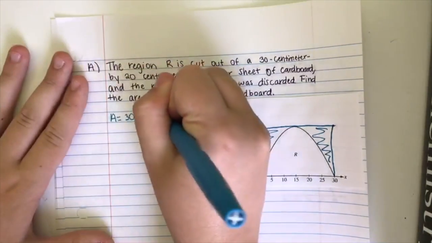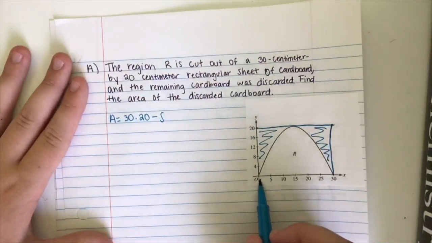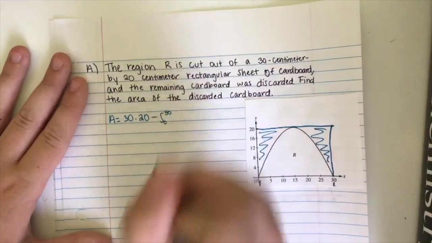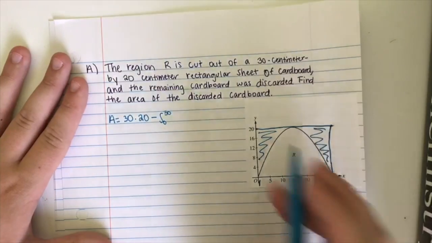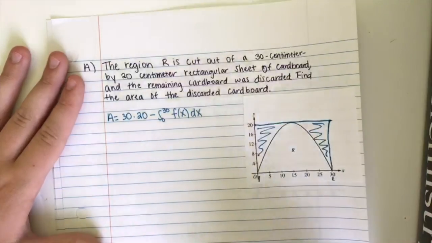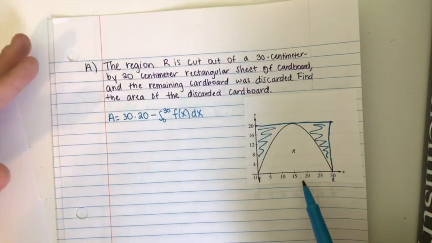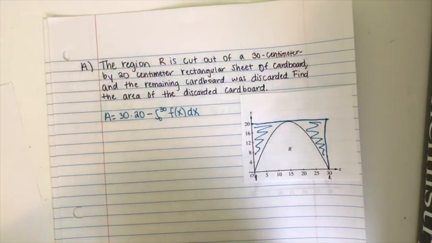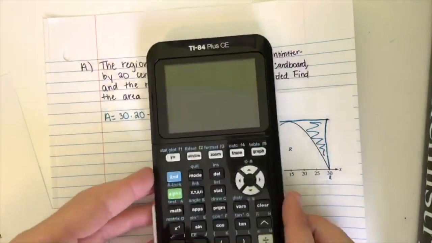So it's the integral from 0 to 30 of f of x dx, because it's the upper curve minus the lower, and the lower is just 0 because it's the x-axis. So then, since this is question 1, you can just plug it into your calculator.